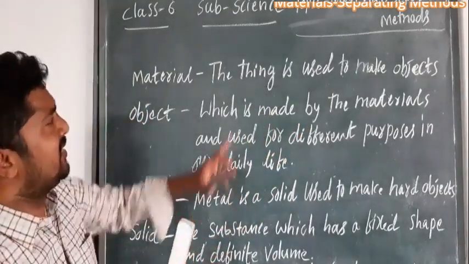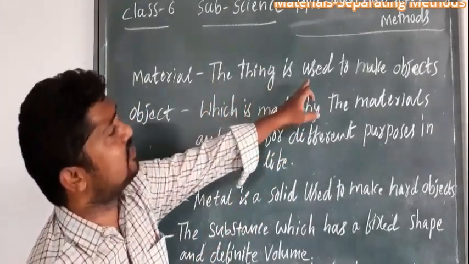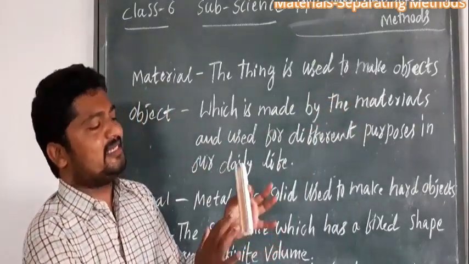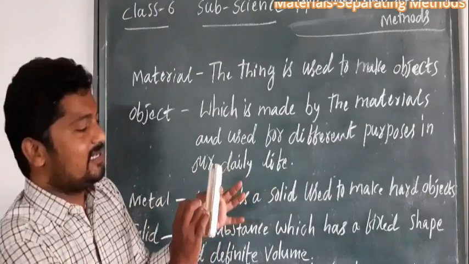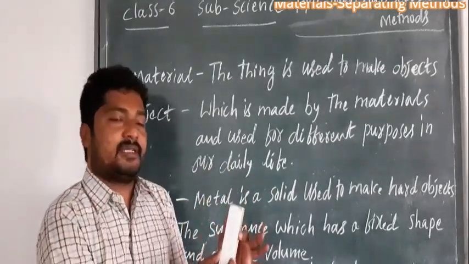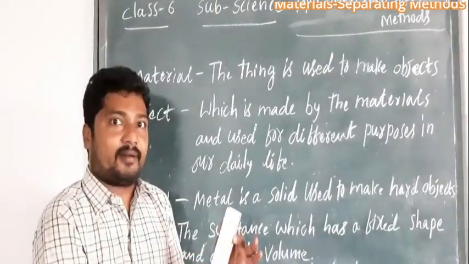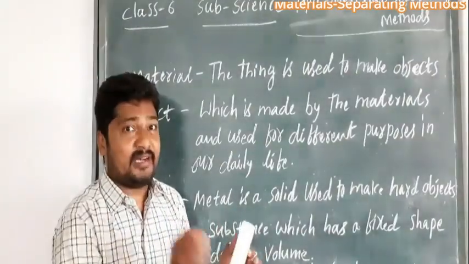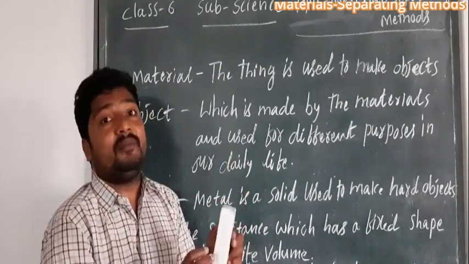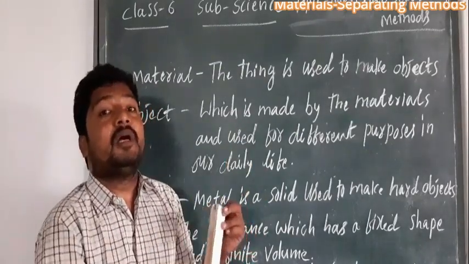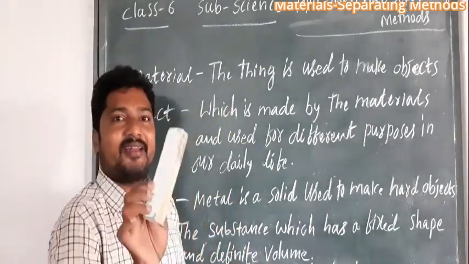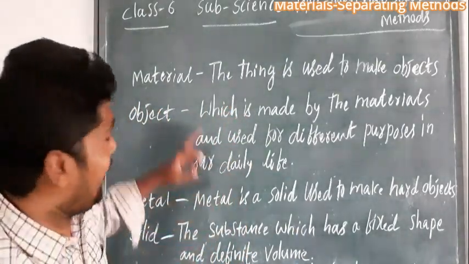This duster is made with wood, and this is a sponge, isn't it? Fiber. I will tell you later what these fibers are. This fiber and this wood are made together with gum. So this is one object. Am I clear?